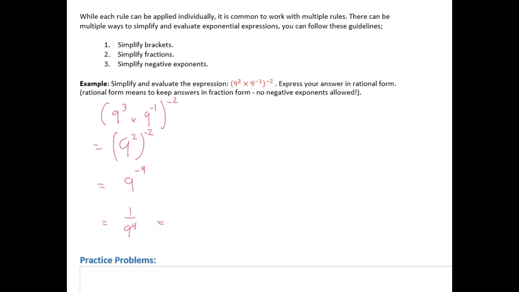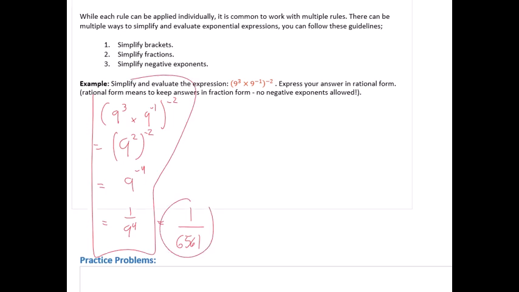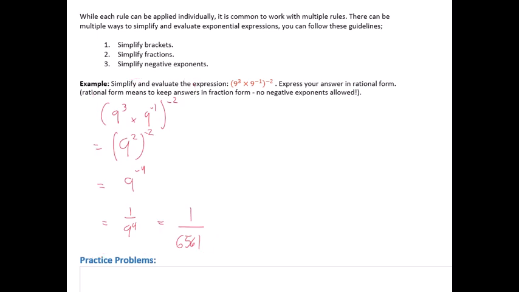This is now just 1 over 6,561, which is 9 to the power of 4. So this is our simplification step, and this is our evaluation step. If we're asked to simplify, you need to fully simplify your expression, and then you can evaluate at the end if it asks you to evaluate. So just keep that in mind.